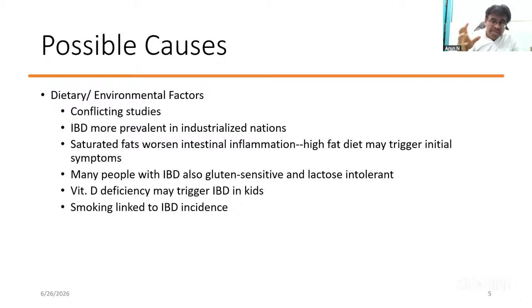I don't want to talk about each and every aspect. Very importantly, if you want to start a treatment, prior to that you need to do a basic checkup to see that the patient does not have any major catastrophic infections. So we need to rule them out.